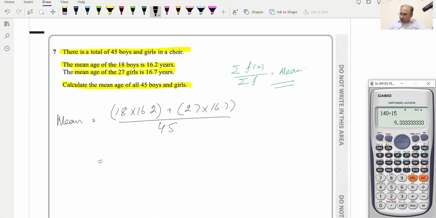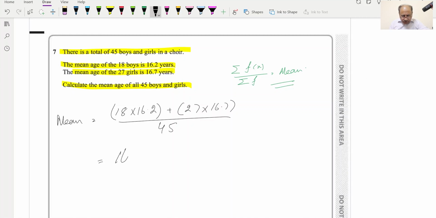This is equal to, in brackets, 18 multiplied by 16.2 plus 27 multiplied by 16.7, divided by 45, which is equal to 16.5. 16.5 will be the mean age, and this will be in years.